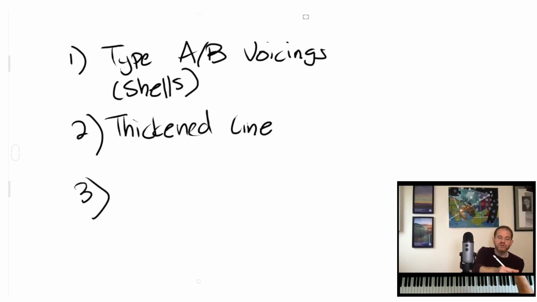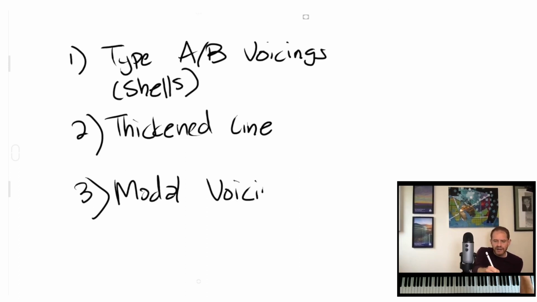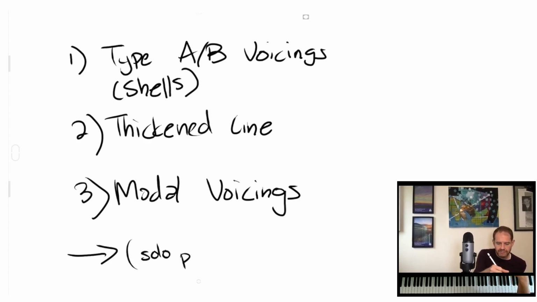And the third type is modal voicings. And I will add an extra kind of category for solo piano shared hands voicings. But that's maybe a little bit further than we want to go.